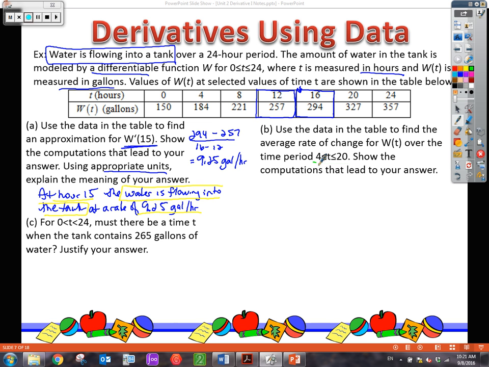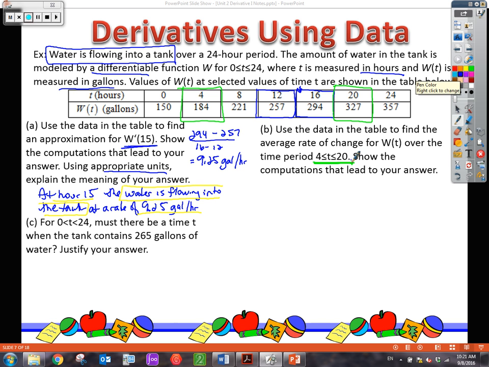Now here we're required to use these values. On the other one, we had to choose which values to use. We had to choose the 12 and the 16. And we needed to be sure to choose those because that's what surrounds that value. Here, we're going to use the 20 and we're going to use the 4 because that's what they said to do. So let's do our computation.